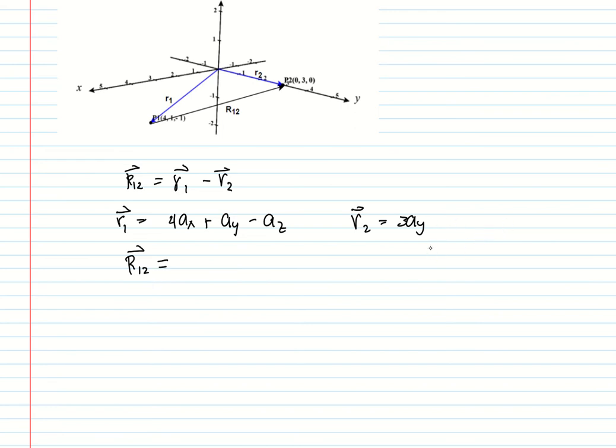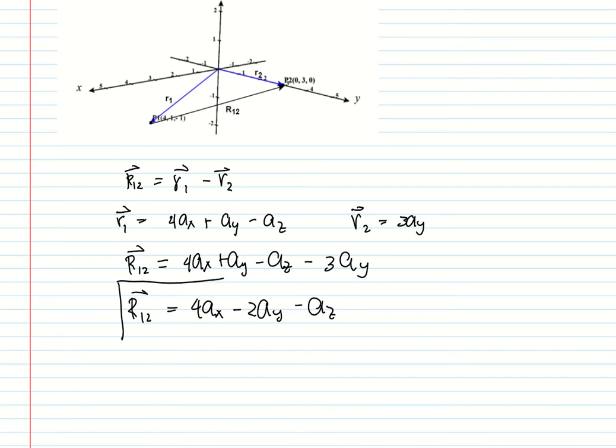So 4ax + ay - az, we subtract 3ay. R12 now will be equal to 4ax, then 1 minus 3 is negative 2 ay, then minus az. This is now our directed vector from P1 to P2.